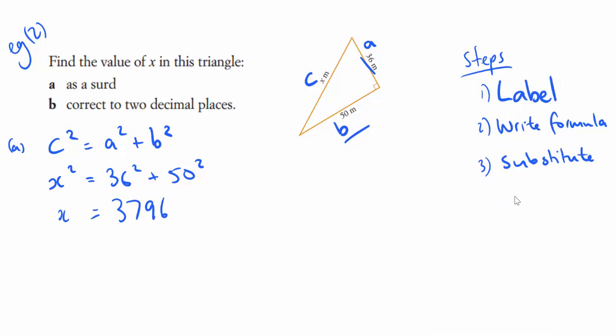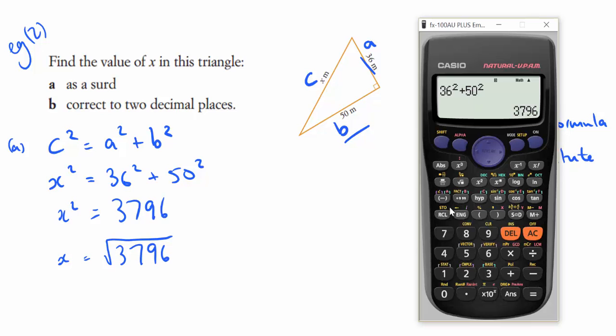So 3796 equals x squared. Now I don't want to know the value of x squared, I want to know the value of x. So the opposite of squaring is square root. So you need to square root 3796. Well, let's do that on the calculator. Square root of answer, which is 3796.